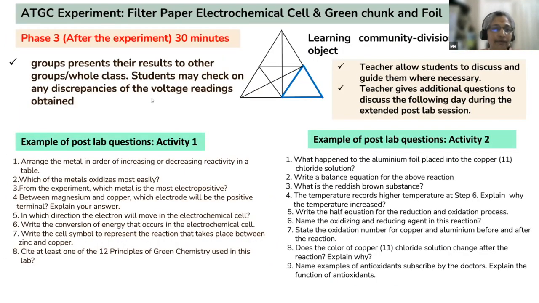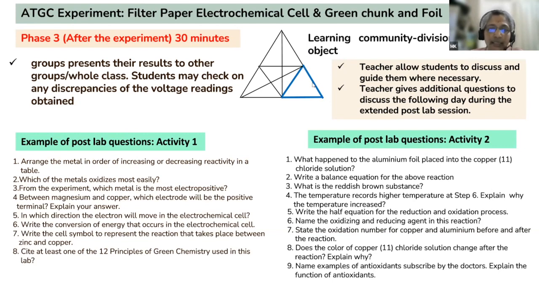And in phase three, after the experimentation, students are posed with several questions like what I have listed here. They need to find answers, work in a group, discuss with the teacher, and maybe refer to internet resources to find answers. And during this time, there are also some elements of activity theory involved.